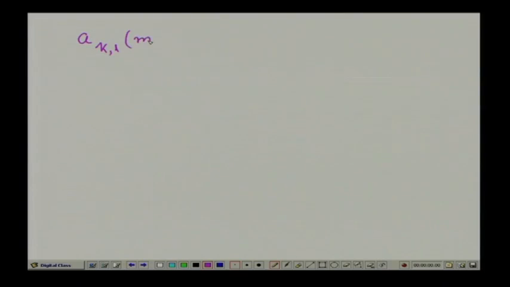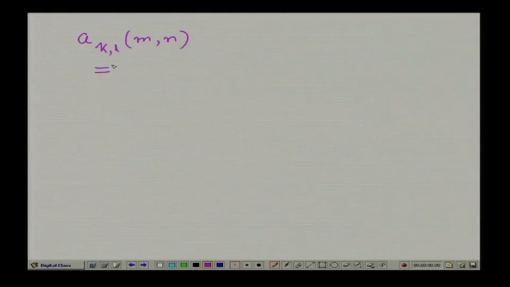So, you find that we have the transformation matrix, which is represented by A, or we have represented this as A(k,l,m,n), and we say that this is separable if A(k,l,m,n) can be represented in the form A(k,m) into B(l,n).